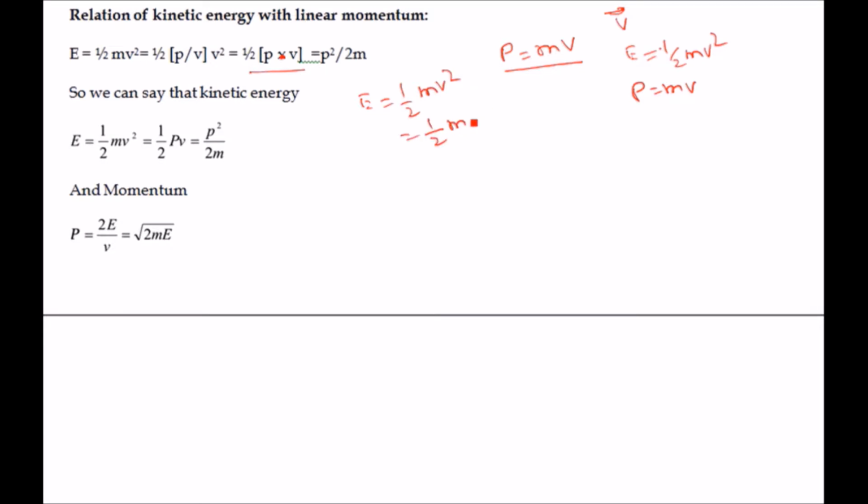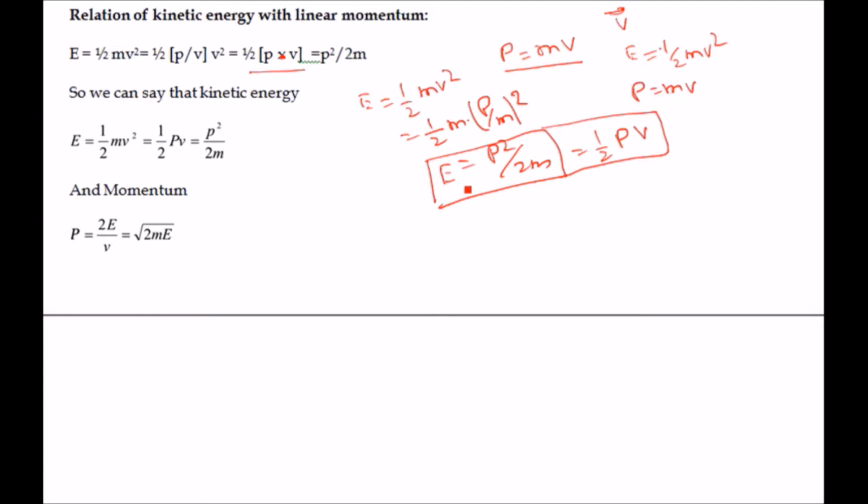So half m into p by m square, and the value comes out equal to p square by 2m. So energy is equal to p square by 2m, or energy is equal to half p into v. These are the two formulas which link energy with momentum. So E is equal to half mv square, which is equal to half pv, which is equal to p square by 2m.